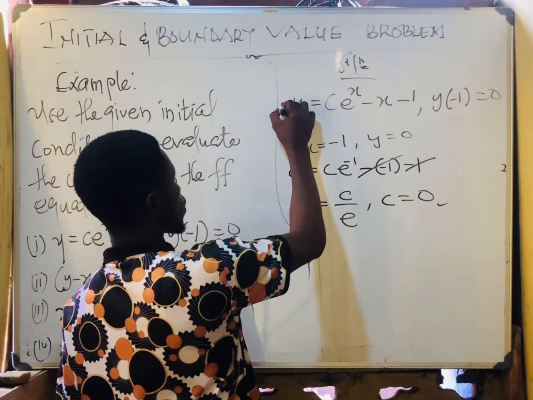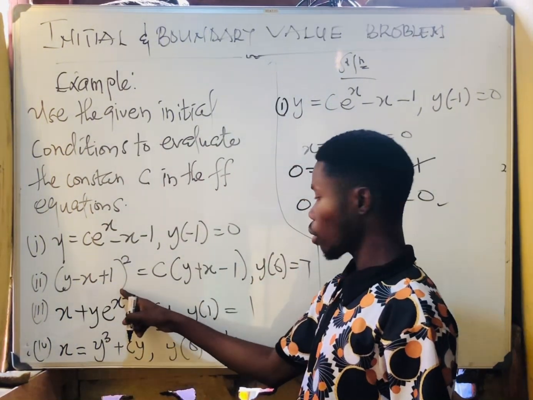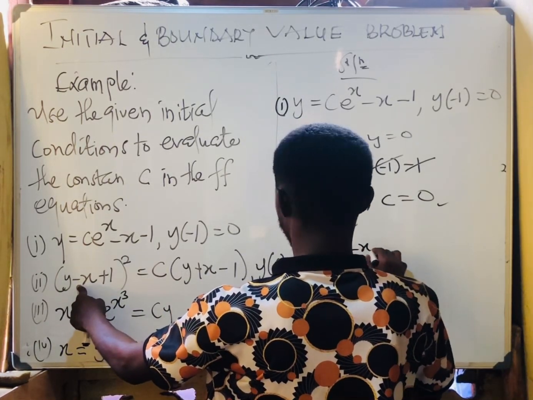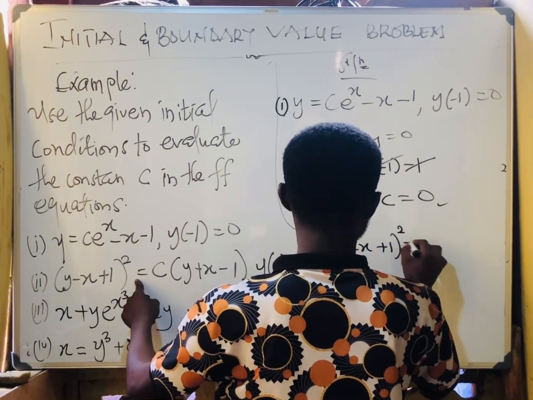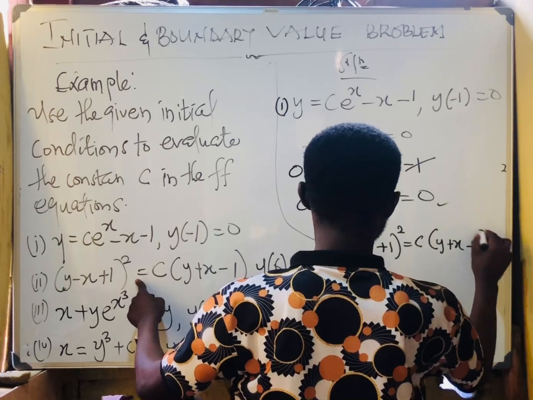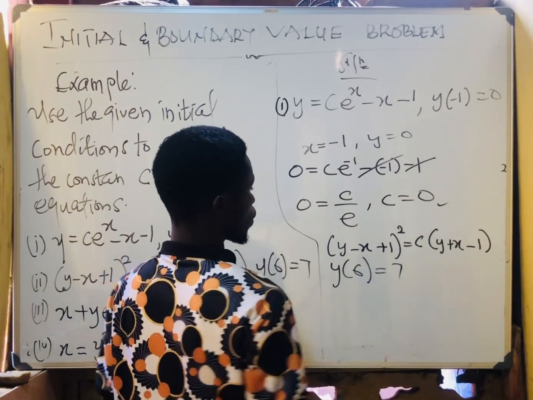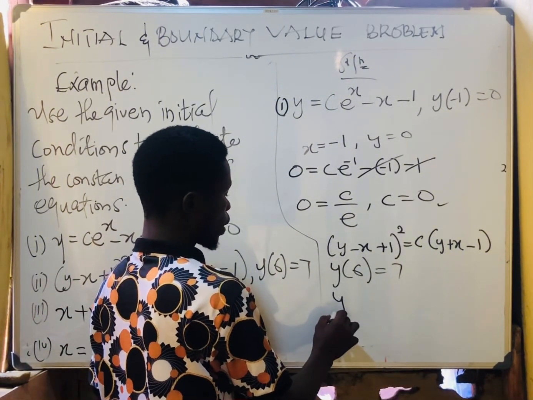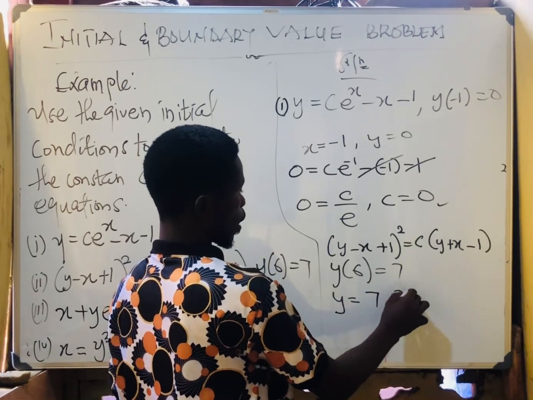Now let's move to the next one. We have (y minus x plus 1) squared equals c(y plus x minus 1), and the condition is y of 6 equals 7, meaning that y equals 7 and x equals 6.